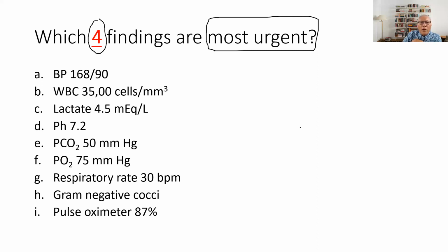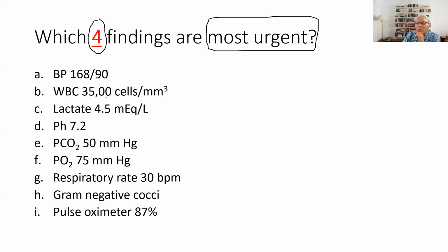All right, if I were answering this one, most urgent, so some of you are saying that the WBC, the blood pressure is critical and so on. The lactate is critical. We're going to select the ones that have the most urgent need. And so what is the client presenting with? Symptoms of infection and respiratory failure, right?